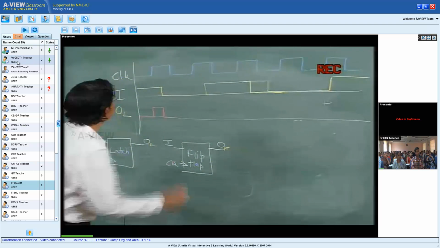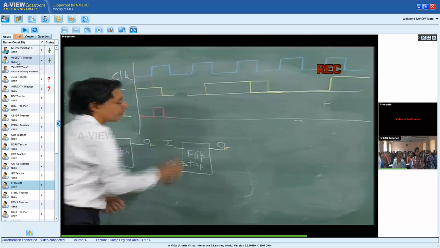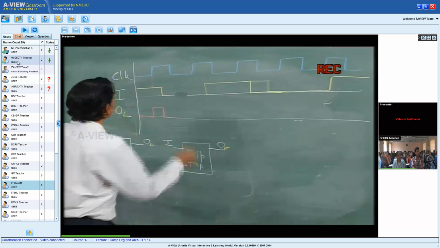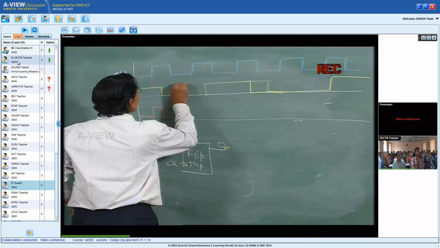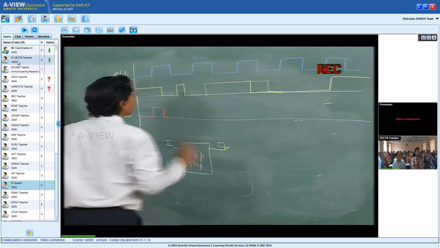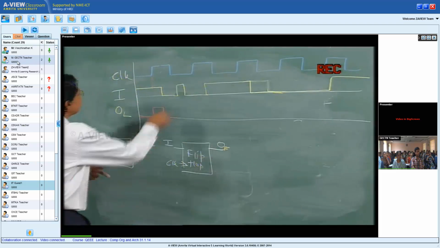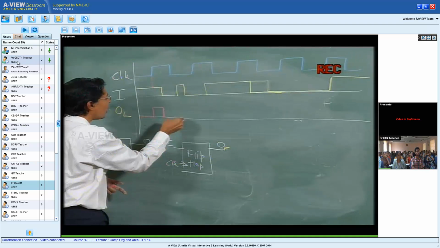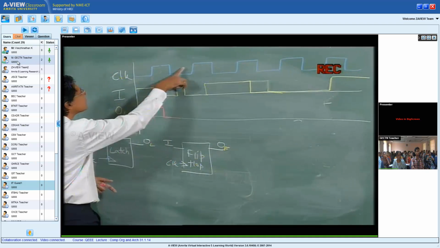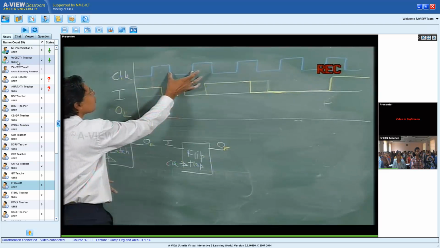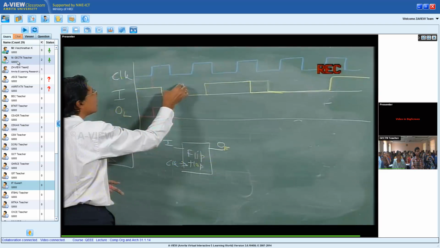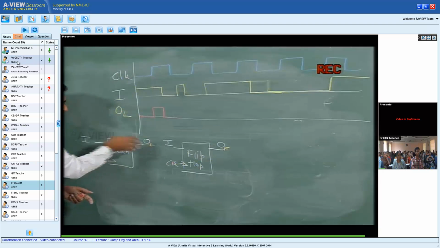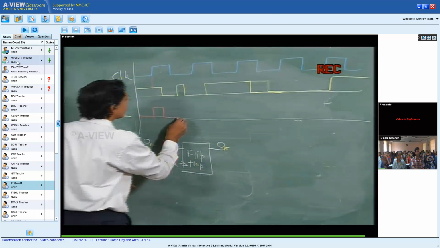Now at this stage, there is some transition here in the input, but that will not come here because the clock is 0 here. In this part, whatever happens to the input will not go to the output. So this will remain like this.